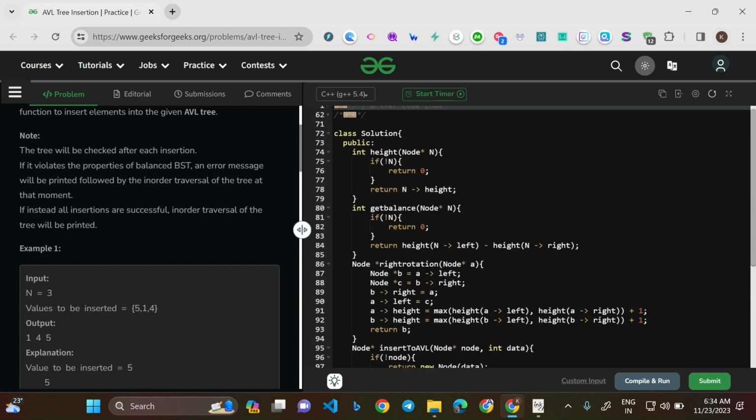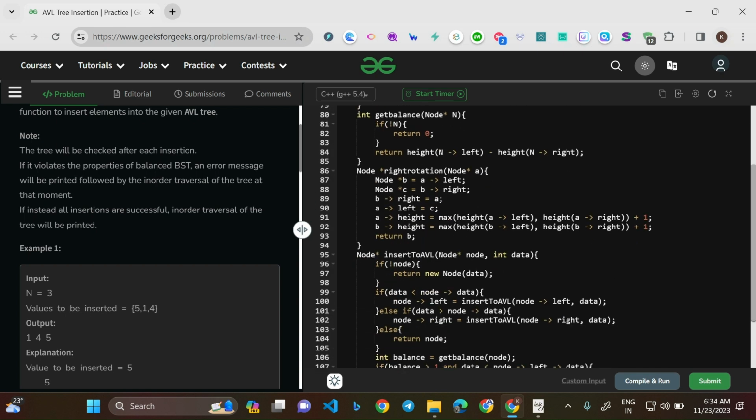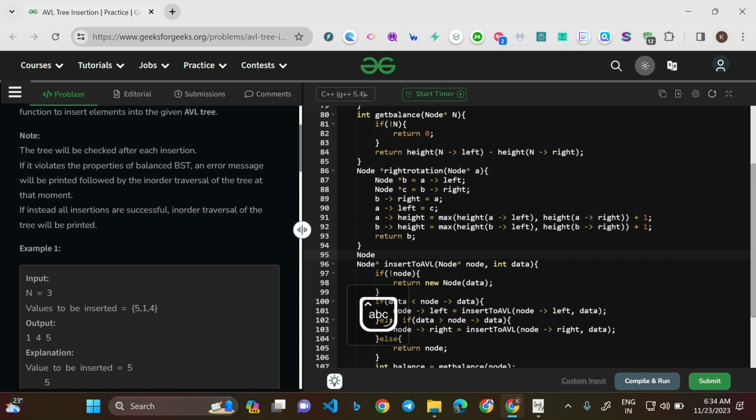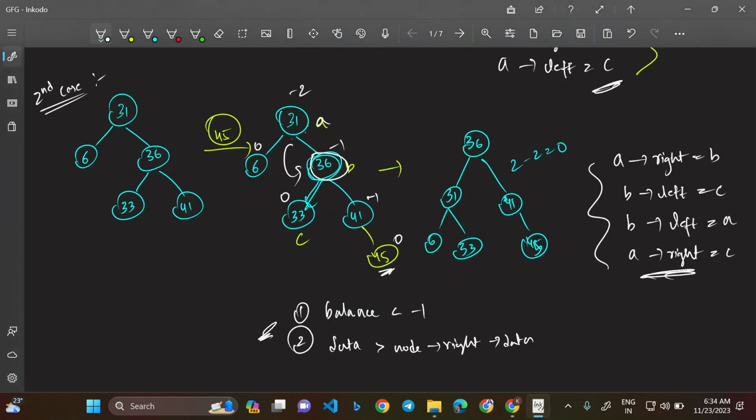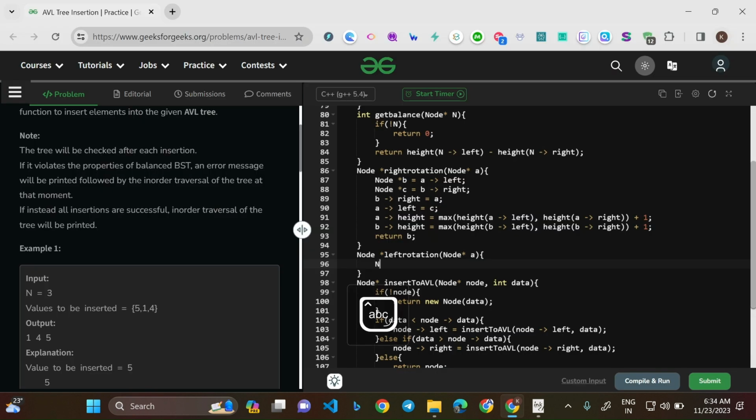Now I've written node right rotation, and this is now for left rotation. Node left rotation, node star A, we'll just use A itself. So what are the things that we are writing? First, node star B equal to A's right.